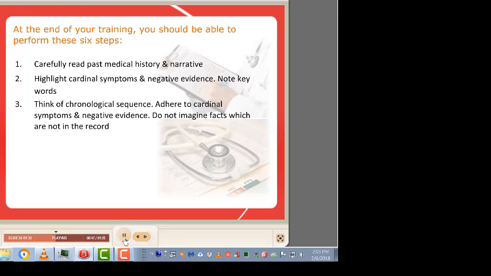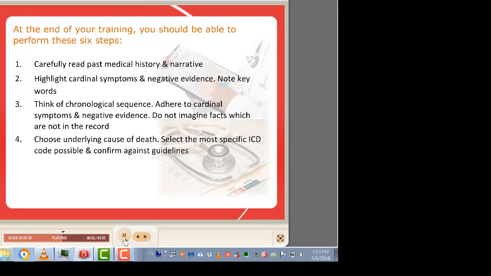Do not imagine facts that are not in the record. 4. Choose the underlying cause of death. Select the most specific ICD code possible and confirm against the guidelines. 5. Reconsider your ICD code using differential diagnosis. 6.